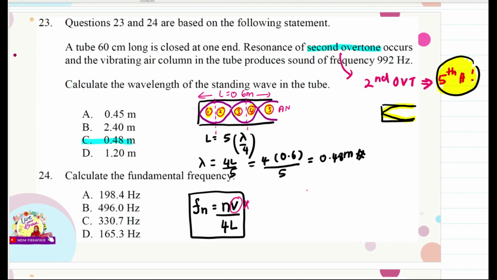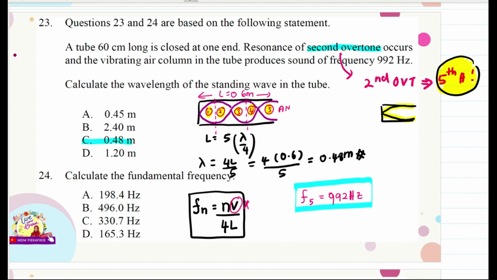Bagi apa? Frequency. Frequency of second overtone, di mana second overtone is equal to fifth harmonics. F5 is equal to 992 Hz. Ini maklumat yang you kena tahu.